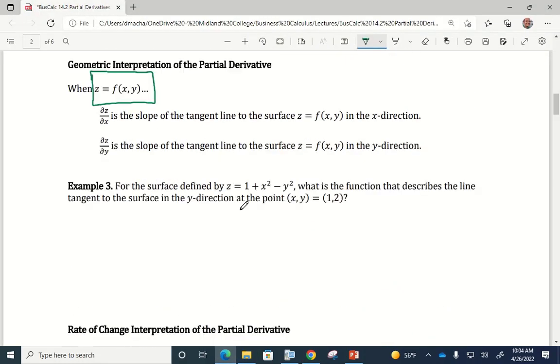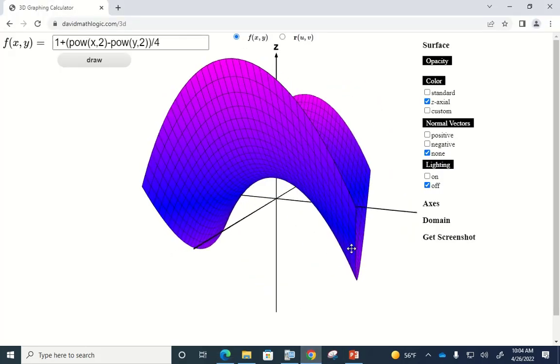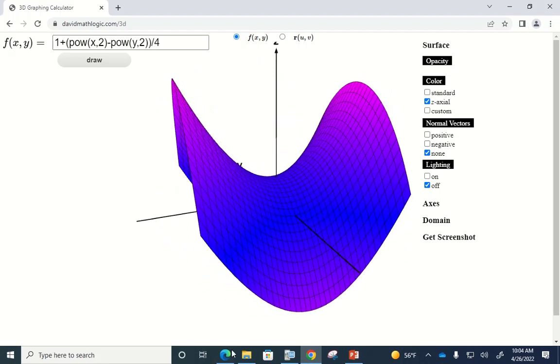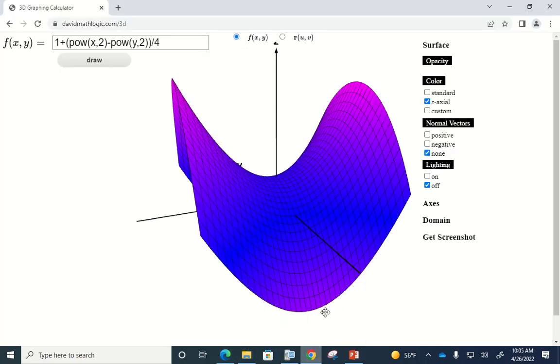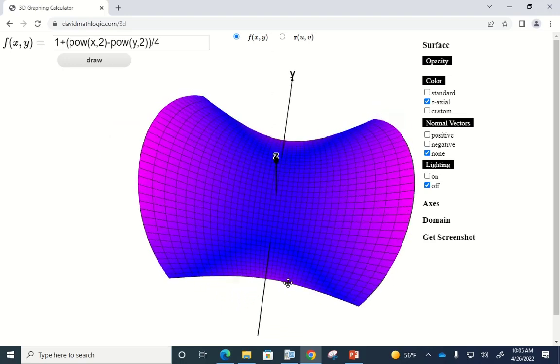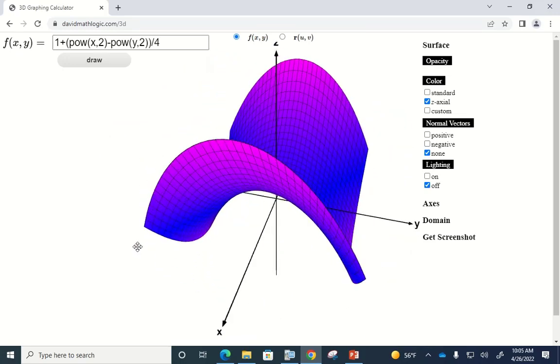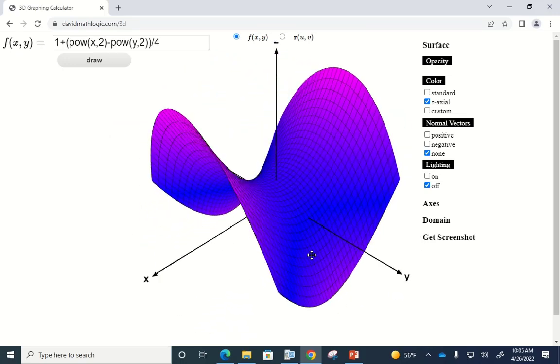So this surface, z equals 1 plus x squared minus y squared, is actually going to look quite a bit like this shape does. And so the question asks, what is the function that describes the line tangent to the surface in the y direction at the point x is 1, y is 2? So what you would do is say, well, when x is 1 and y is 2, that point is going to be on my surface somewhere right here.